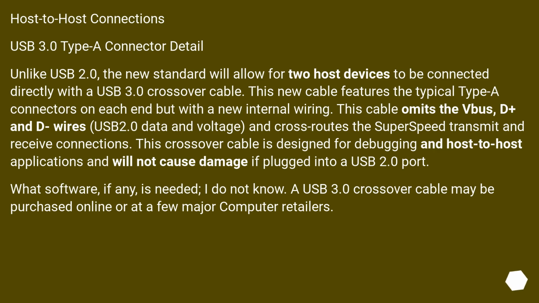This crossover cable is designed for debugging and host-to-host applications and will not cause damage if plugged into a USB 2.0 port. What software, if any, is needed? I do not know. A USB 3.0 crossover cable may be purchased online or at a few major computer retailers.